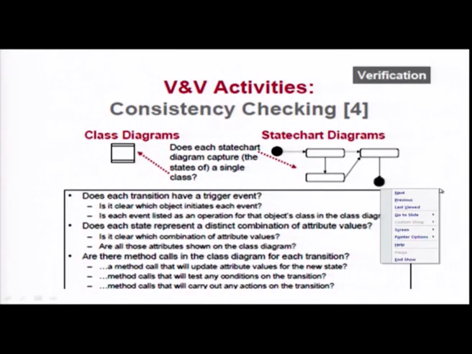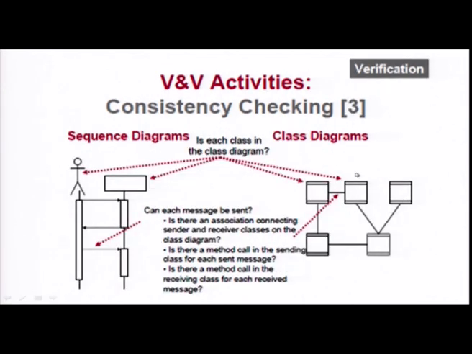Does each transition have a trigger event? The way in which we are talking about is, it is in theory possible to construct a set of questions for each pair of diagrams which we choose to cross check, but then in practice whatever the tool permits comes automatically on the screens. So, when you convert the sequence diagram using a set of keystrokes or mouse clicks into another diagram, that conversion process will tell how much consistency they are having.